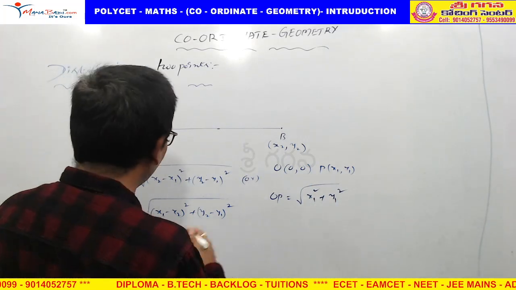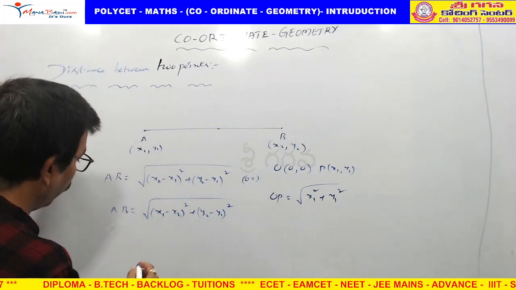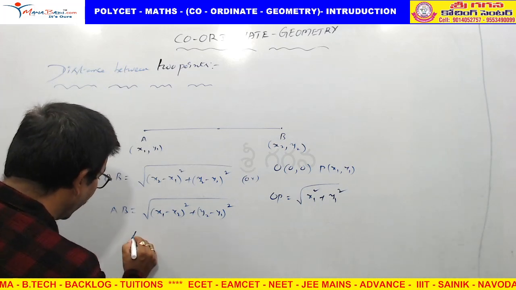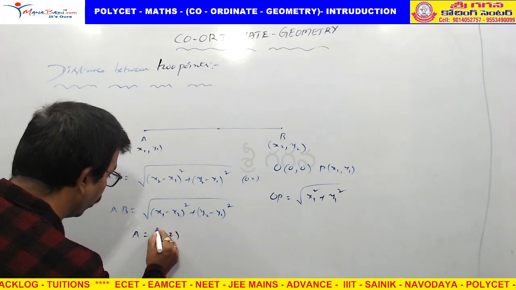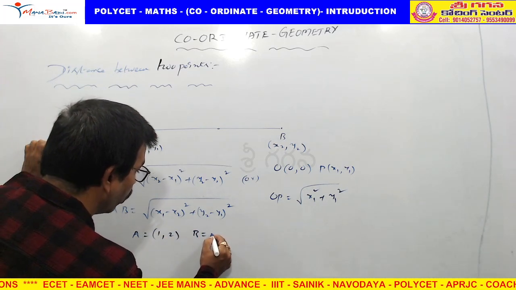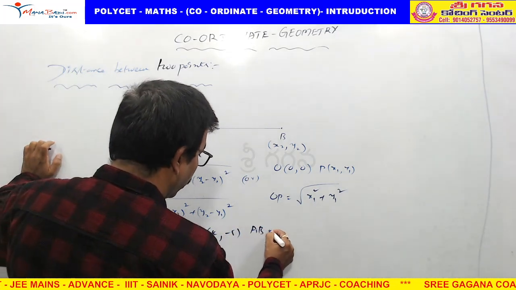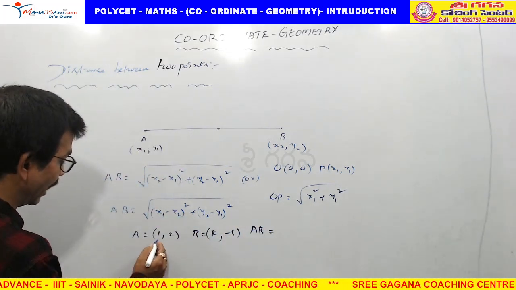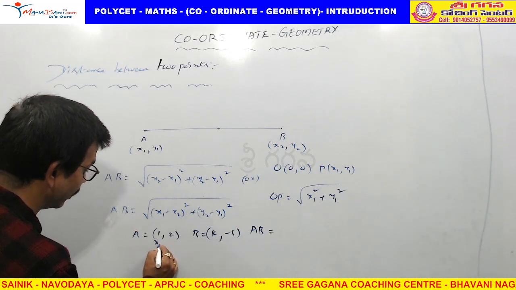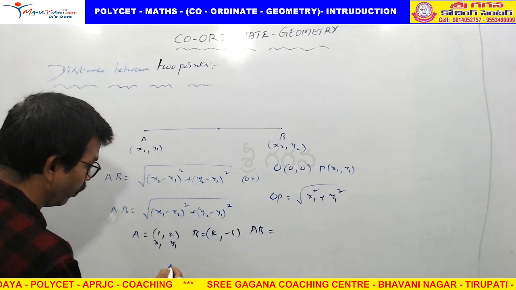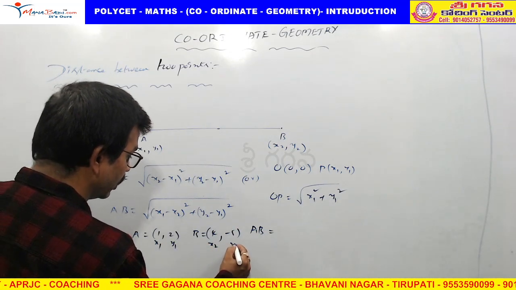Okay. Next, I am taking one example. A equals 1 comma 2, B equals 4 comma minus 5. Then find AB. This is x1, this is y1, this is x2, this is y2.